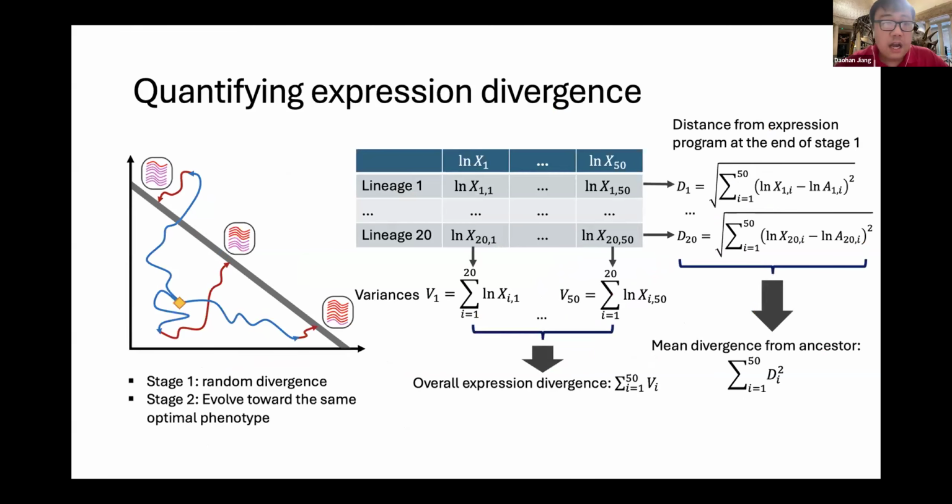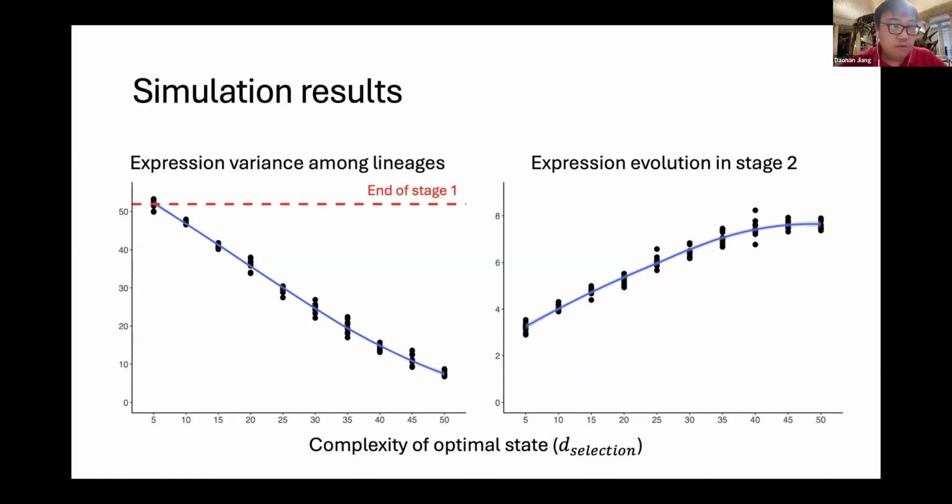And again, we did this simulation, but two-staged. Like before, I looked at the total expression variance, and for the amount of evolution, we focused on the amount of expression evolution in stage two only. And we see a rather neat negative relationship between expression variance among lineages and complexity.